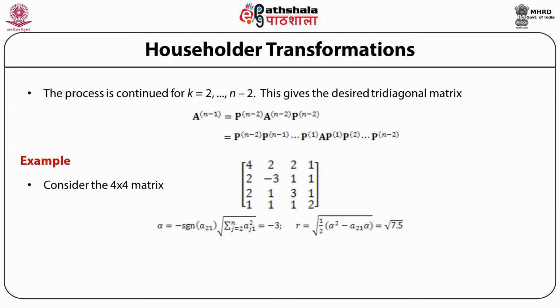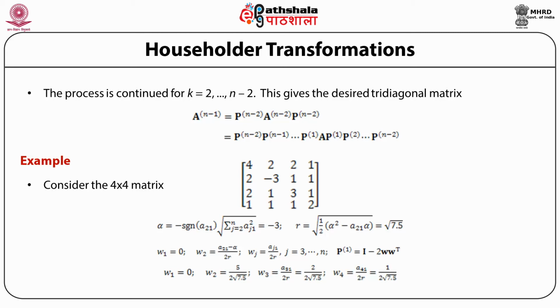So alpha equals minus sgn a21 into under root of summation j equals 2 to n aj1 square equals minus 3, and likewise r equals under root of 7.5, w1 equals 0, w2 equals a21 minus alpha by 2r, wj equals aj1 by 2r, where j takes the value from 3 to n, and P1 equals I minus 2 w into w transpose, and likewise w1 equals 0, w2 equals 5 by 2 into under root of 7.5, w3 equals 2 by 2 into under root of 7.5, w4 equals 1 divided by 2 into under root of 7.5.